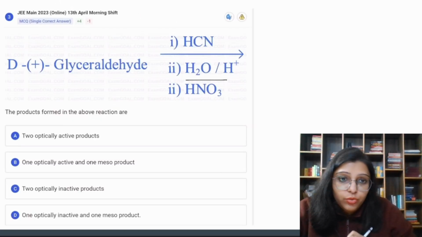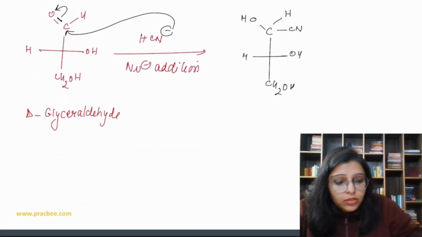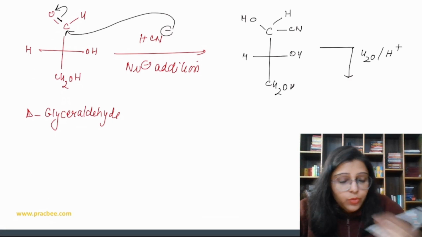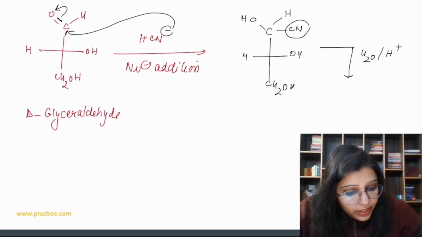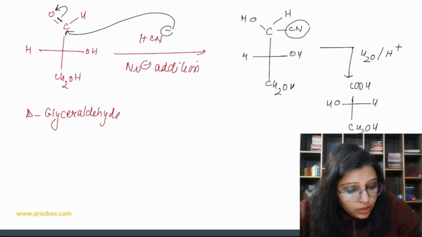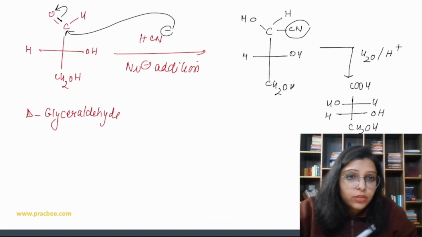After that we have H2O in the presence of H plus. This is the hydrolysis reaction. CN is converted to carboxylic acid, so we write COOH, CH2OH, and then OH, H and H, OH. Clear? Because CN is converted to carboxylic acid.